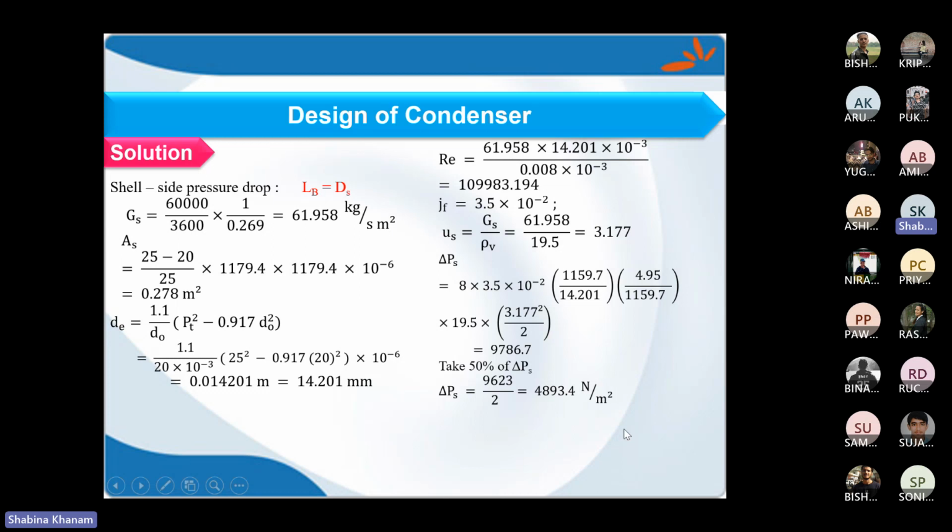So in this way you can find out pressure drop. The limit is not given, but you can consider it should be less than 1 bar or so. So if that is already the case, we can have the design of condenser in this way.